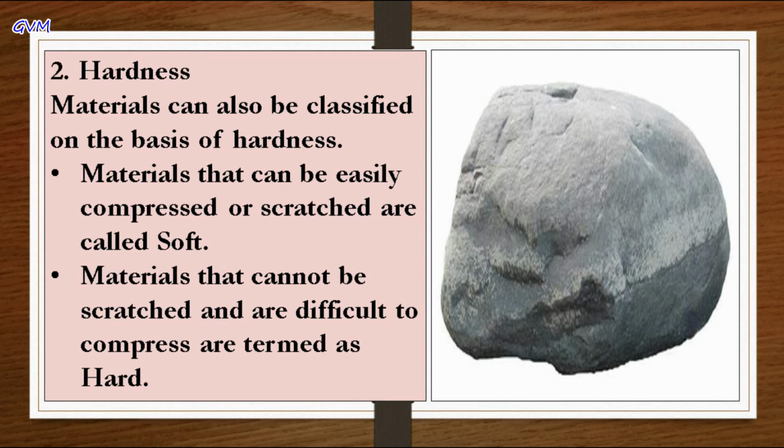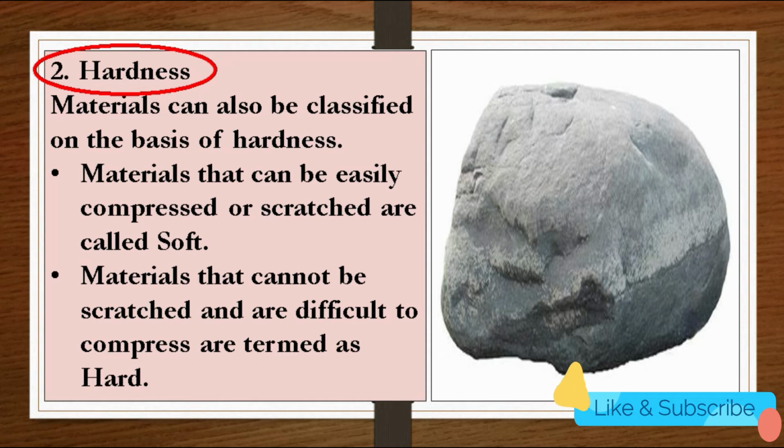Students, the next property is hardness. Students, as you know, when we touch any material that is basically made from cotton or sponge, it usually feels soft, while stone, wood, bricks feel very hard.